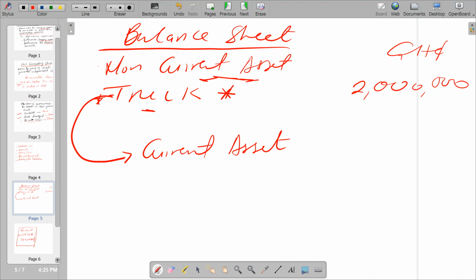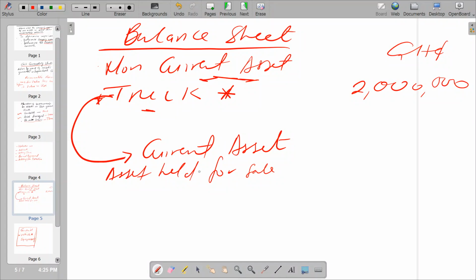For instance, inventory, we expect to derive the benefits or use it within a year. So this truck will move from non-current assets and come under current assets as assets held for sale. Okay, held for sale.